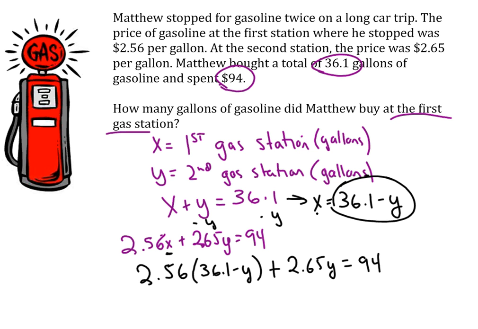A little bit of algebra: 2.56 times 36.1 is 92.416, minus 2.56y plus 2.65y equals 94.